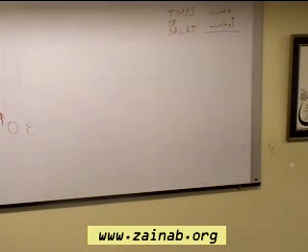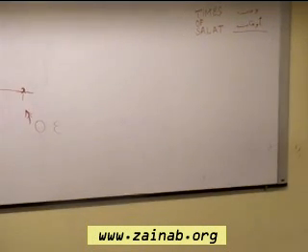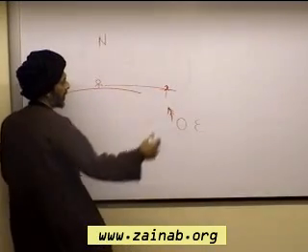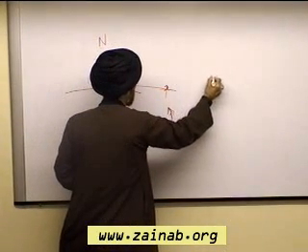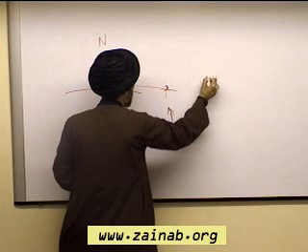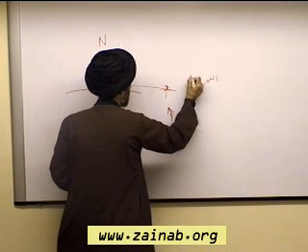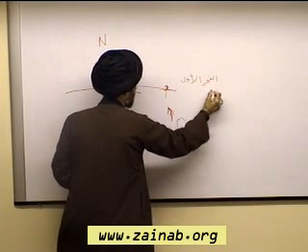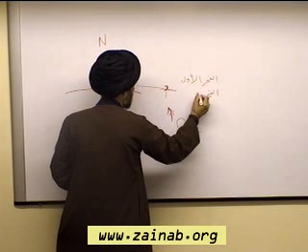If you are standing here, there is a light which appears upwards here. So it will be visible to your eyes. This is what we call al-Fajr al-Kadhib, al-Fajr al-Awwal, or al-Fajr al-Kadhib, the fake dawn.